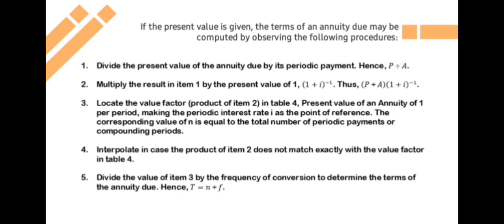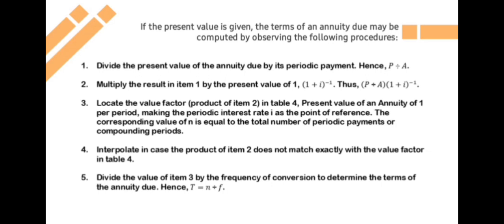The formula of the present value of 1 is the quantity 1 plus interest rate to the power of negative 1. Next, locate the value factor, the product of item 2, in table 4, present values of an annuity due of 1 per period, making the periodic interest rate I as the point of reference. The corresponding value of N is equal to the total number of periodic payments or compounding periods.